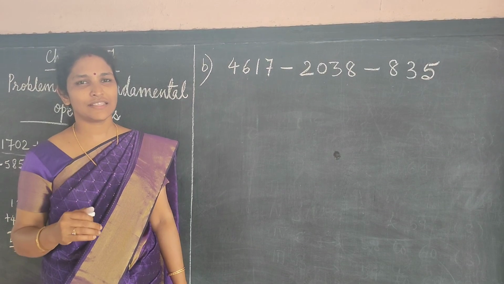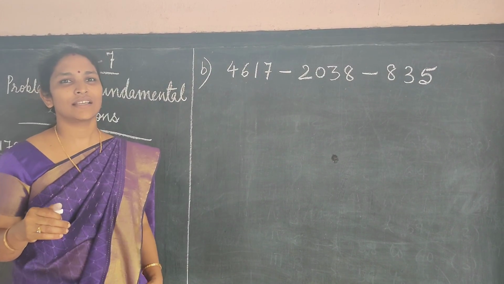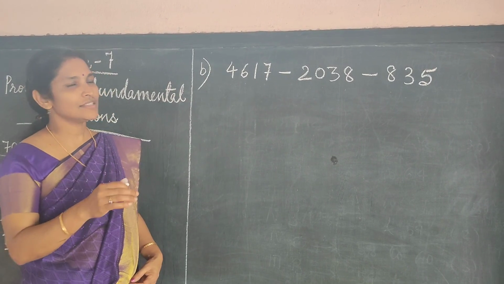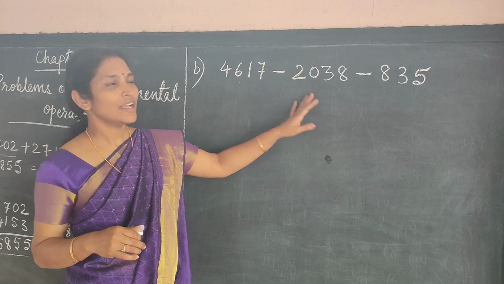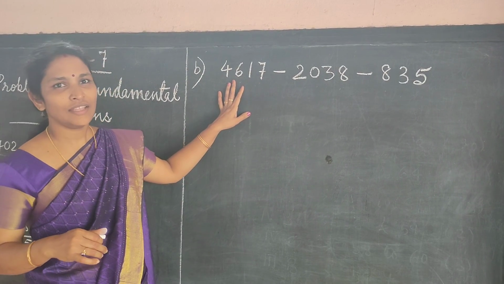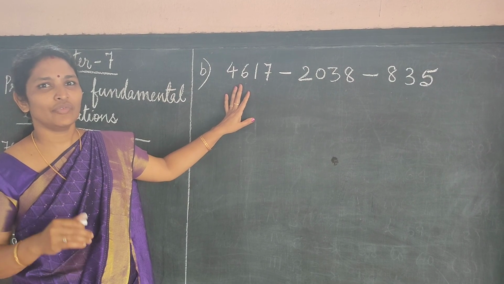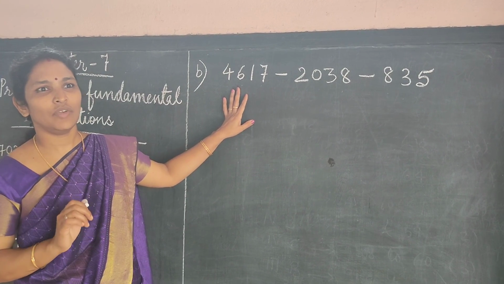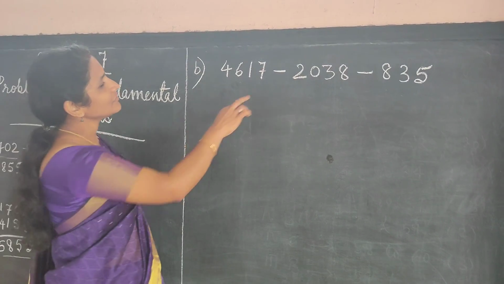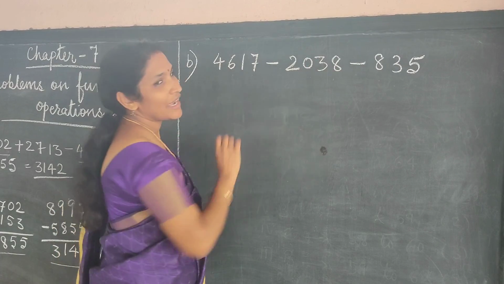First we added the plus sign ones, then we added the minus sign ones, then from the first answer we minus the second answer. Here only 3 numbers are there and only one number is there with plus sign. Then we can avoid that first step of adding the plus sign ones because we have only one number with plus sign. Now second step we can do, 2 numbers are with minus signs.